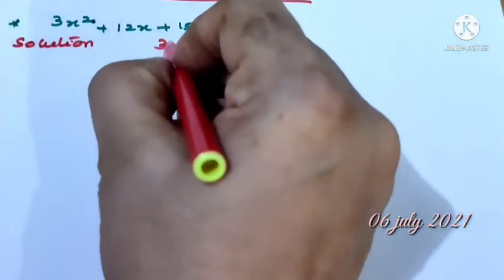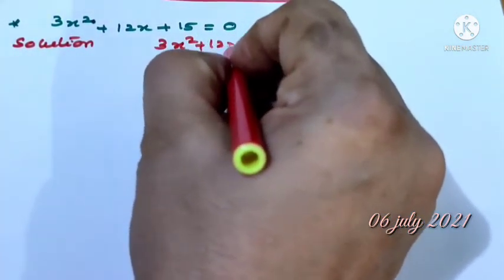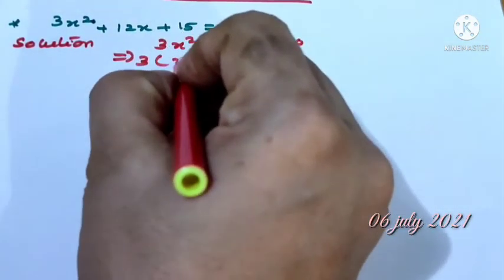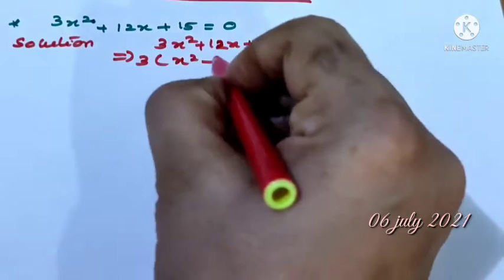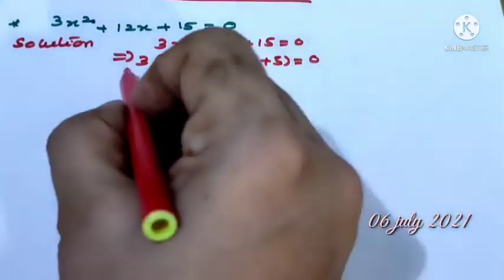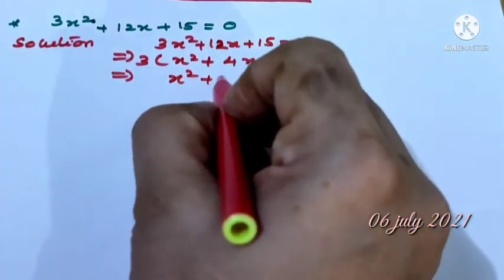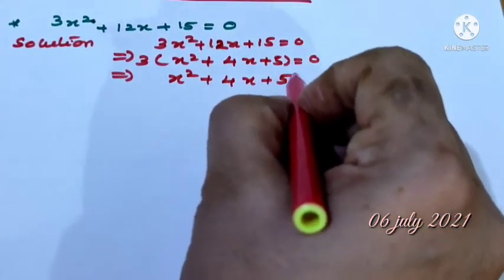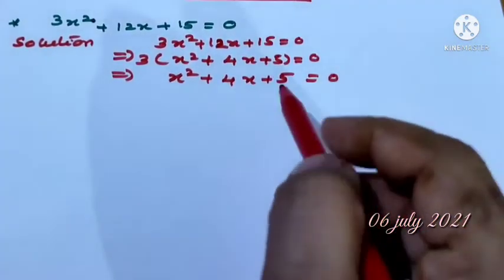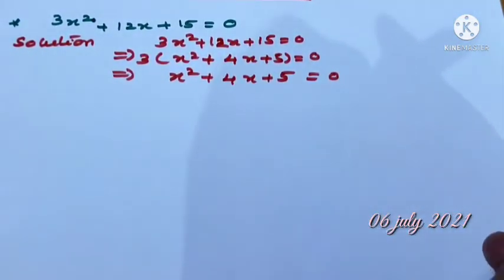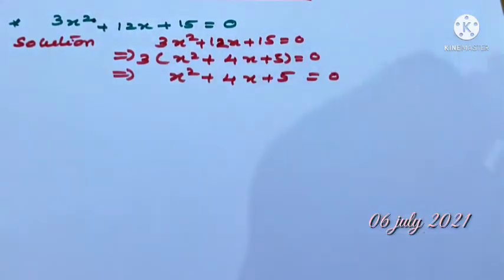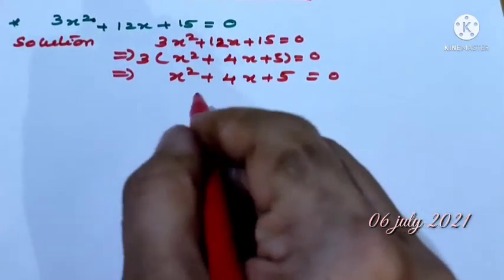So 3x square plus 12x plus 15 equal to 0 implies 3 into x square plus 4x plus 5 equal to 0 implies x square plus 4x plus 5 equal to 0. When we are taking 3 to the other side, it will be 0 only, 0 by 3. Now coefficient of x square is 1. There is no need of dividing anything. Otherwise we can directly divide by 3 also.